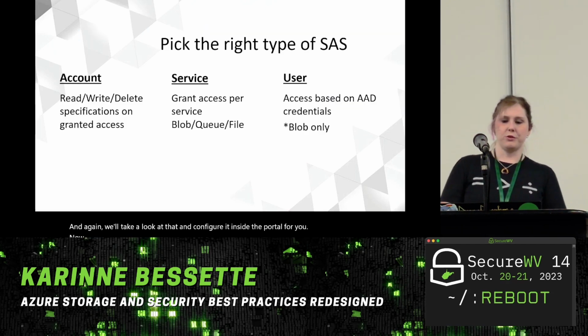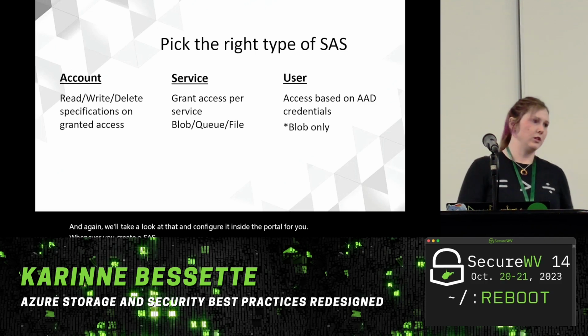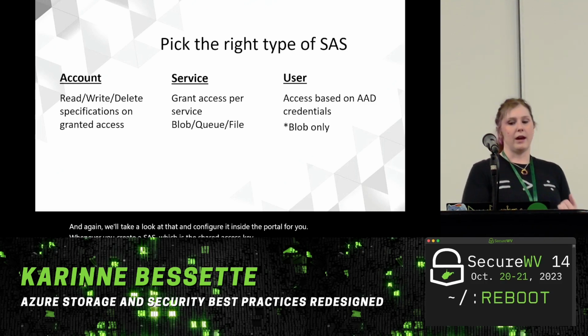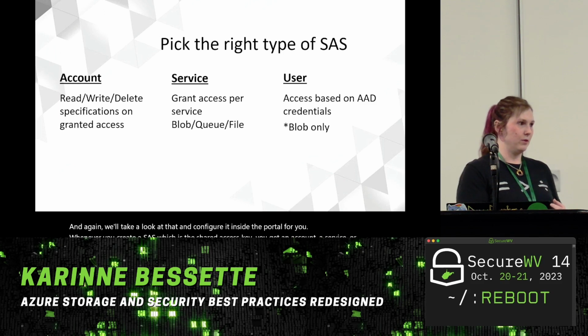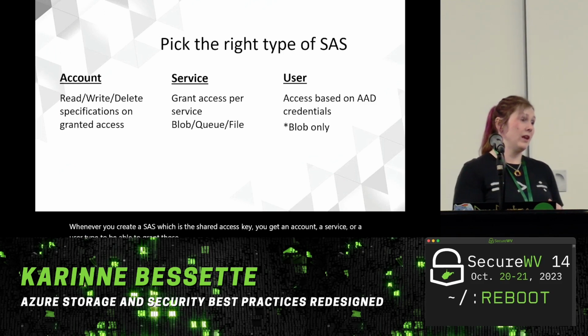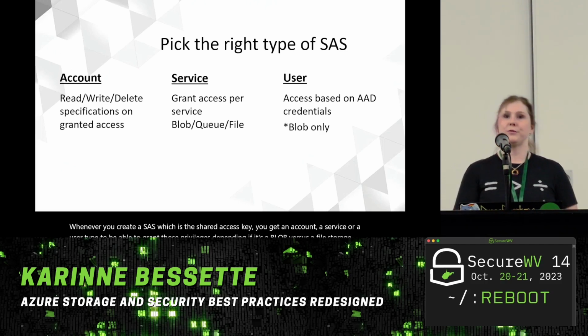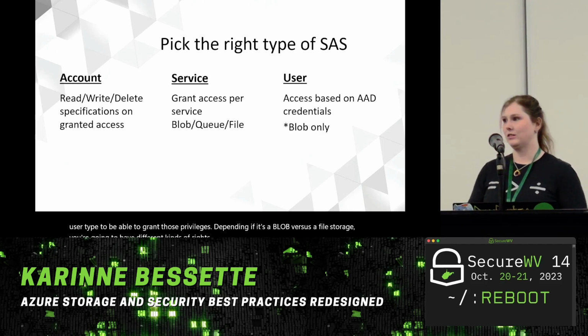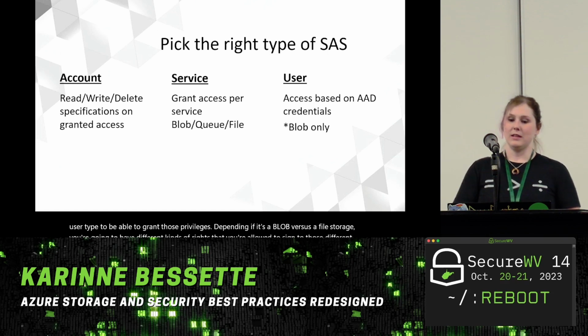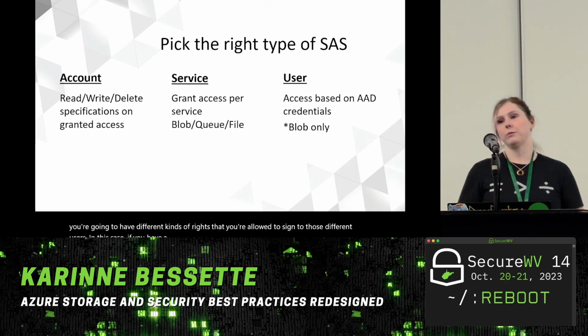Now, whenever you create a SAS, which is the shared access signature, you get an account, a service, or a user type to be able to grant those privileges. Depending if it's a blob versus a file storage, you're going to have different kinds of rights that you're allowed to assign to those different users. In this case, if you have a user, that's only for blob.